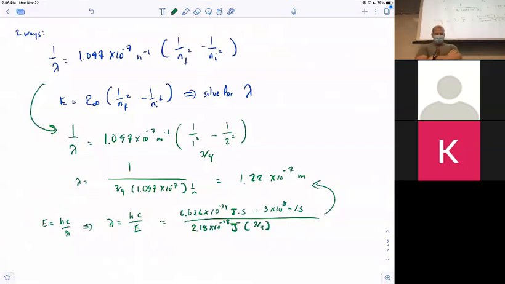Did you guys do a lab with Fisher on the hydrogen atom? Did you do a lab like that? Yeah, I know UH Manoa does a lab that way, and they use that equation. Because then at the end you have to invert everything.